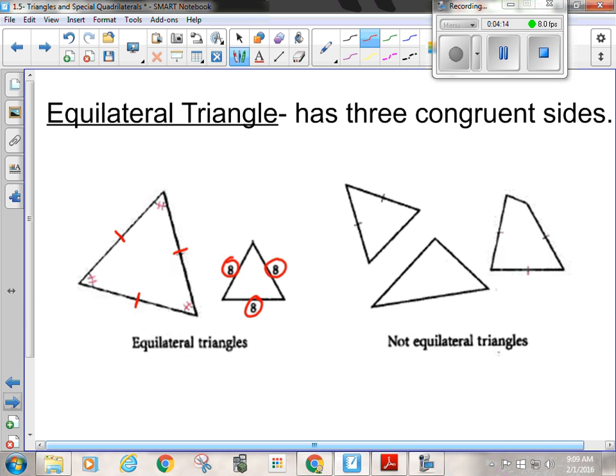So automatically, if the sides are all equal in your triangle, your angles are all going to be equal. Okay, equal angles are all going to equal 60 degrees because if you only have 180 and you have three angles, they all have to equal 60. So equilateral means equiangular, 60 degrees.